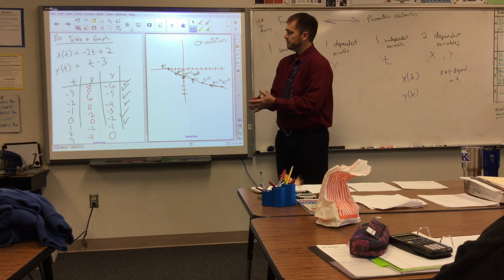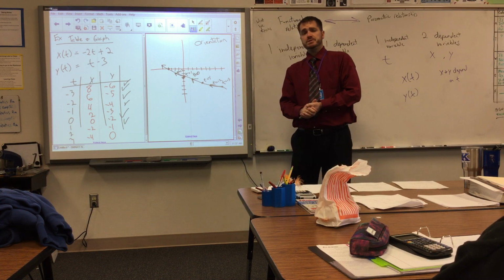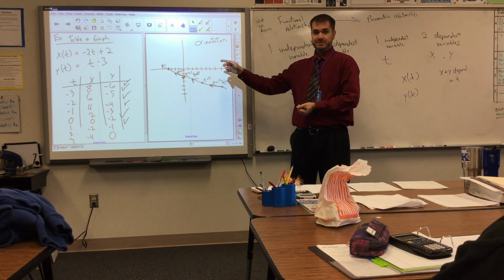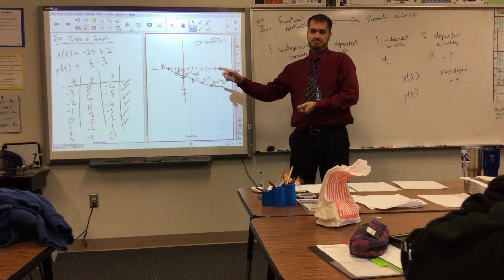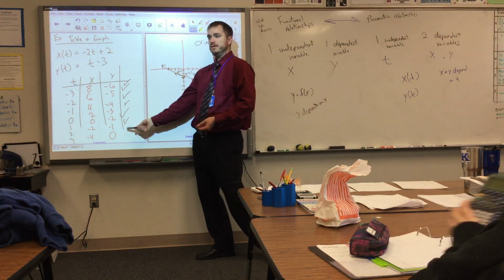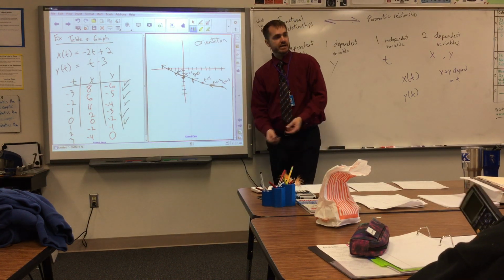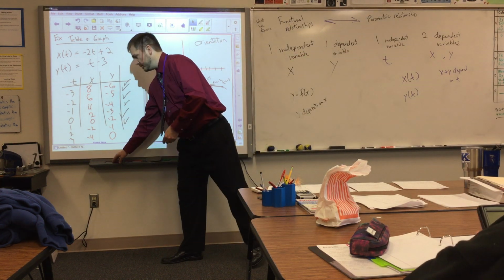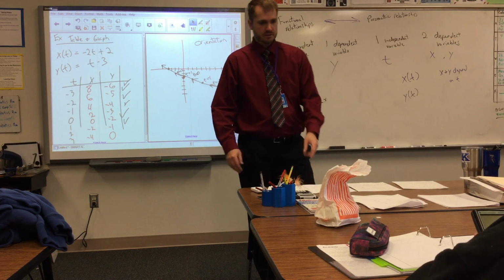Now, what if I told you that you could use your calculator for this? Heck yeah. We can use a calculator to generate a table. We can use a calculator to generate the graph. Let's do that, shall we? Grab a working calculator.